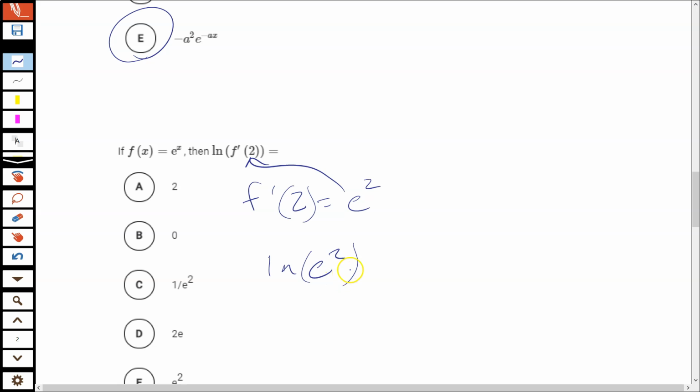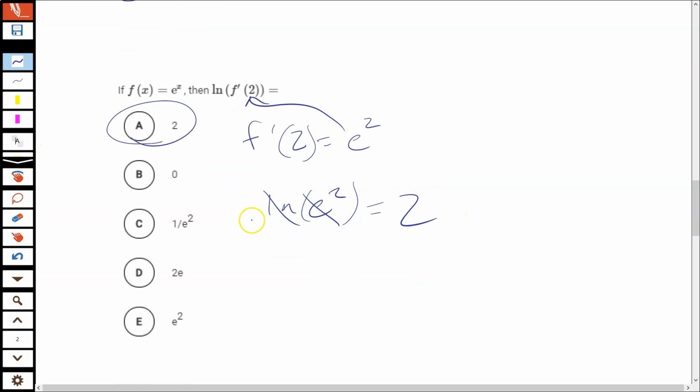Remember, the log and the exponential are inverse operations. So these two things cancel out, and all that's left is just plain old 2. So all of these are pretty easy. They just require a little bit of insight. This one required you to know that log and exponential are opposites, which you should know from last year.